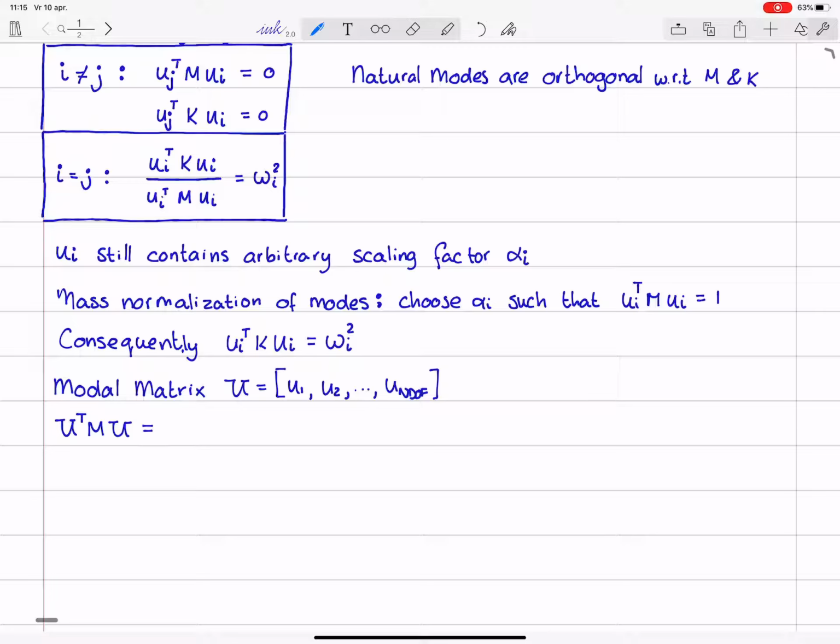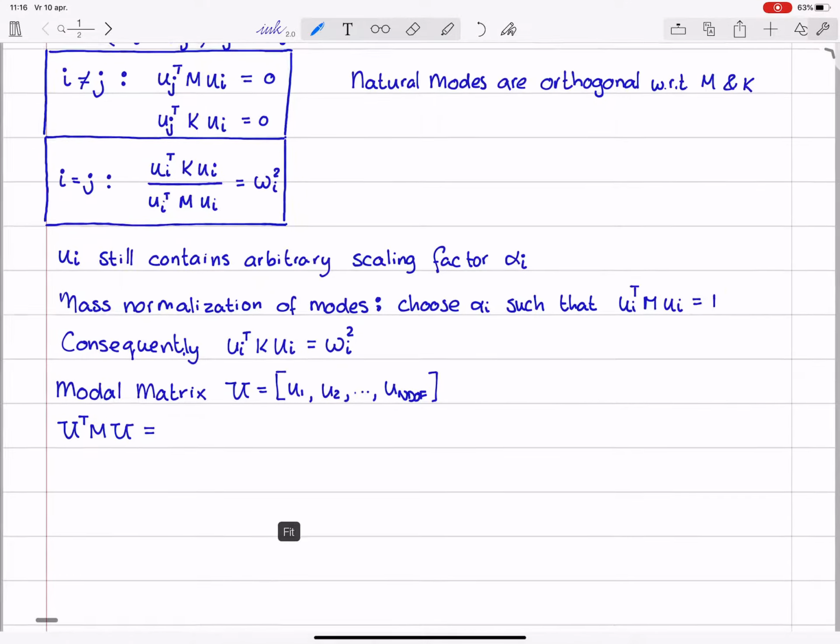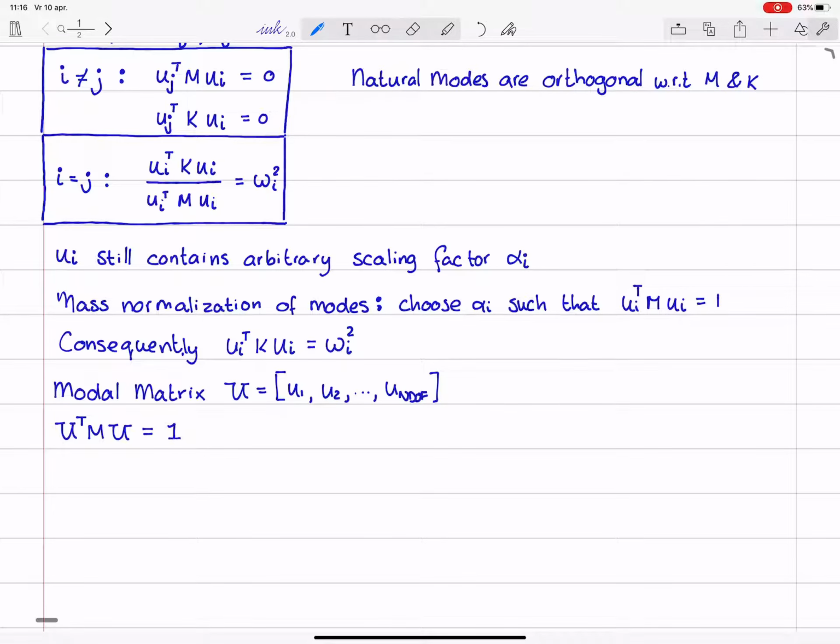So after mass normalization, all these terms on the diagonal will be equal to 1. All the terms that are not on the diagonal are 0 by means of the orthogonality properties. So that means that this matrix after mass normalization equals the identity matrix.